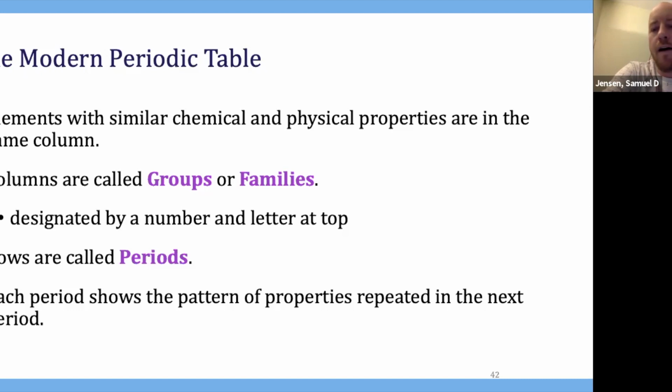So maybe everybody in your family has dark hair and brown eyes, right? Versus someone else's family that may have lighter skin and blue eyes, and your family is going to have similar traits to one another generationally, right? So an element family is going to react kind of the same way. So they have similar reactions in certain circumstances.